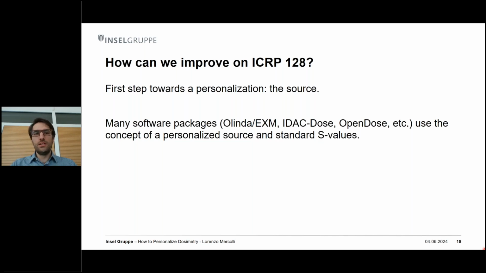So they usually take a personalized source for each patient that you can put in, and then compute the dose from actually standardized S values. Usually you can pick different phantoms, but the S values are still standardized for some standard human phantom.